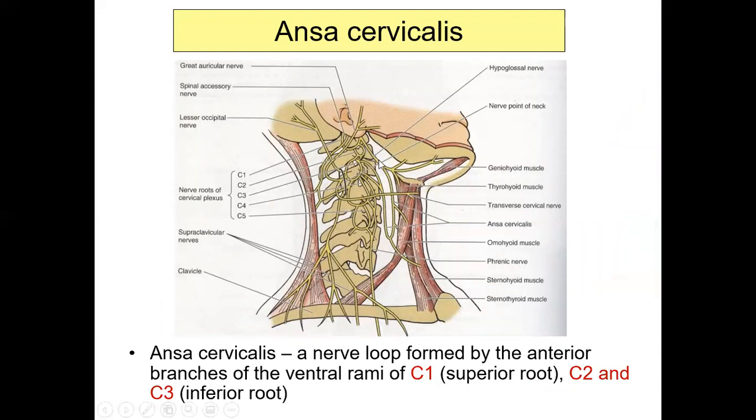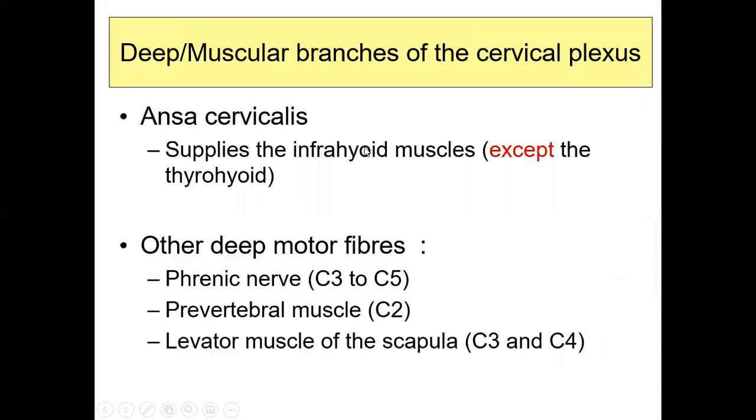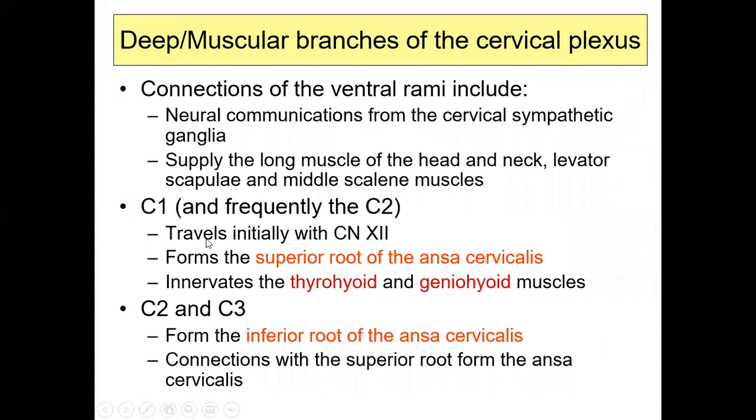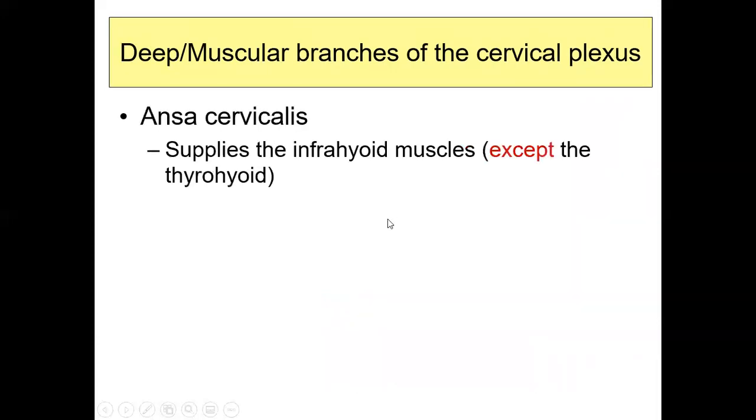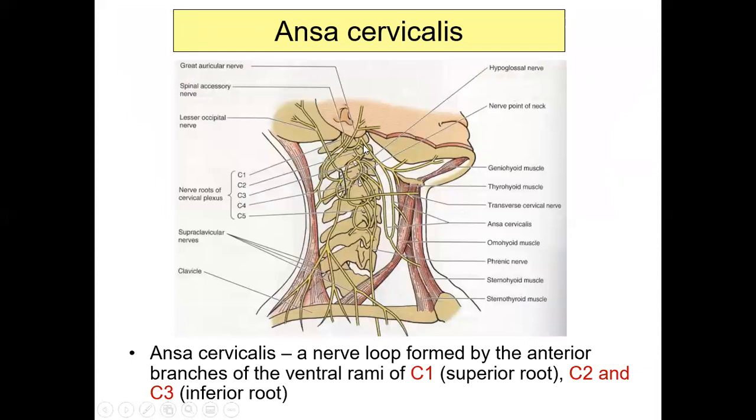If you see from this picture, this is the ansa cervicalis. This is the hypoglossal nerve, the 12th cranial nerve. This is the nerve root of C1, and initially it travels with the 12th cranial nerve.